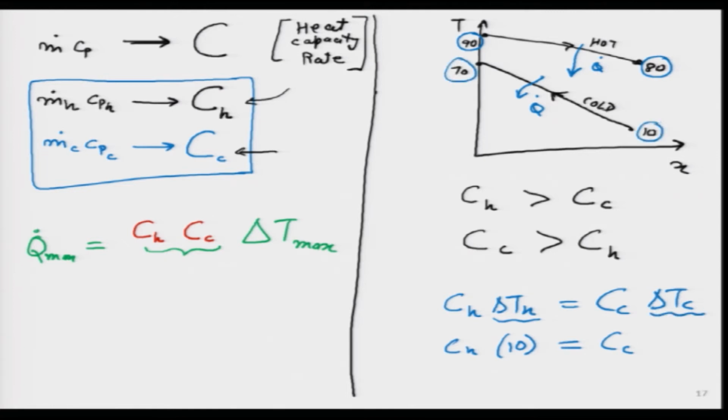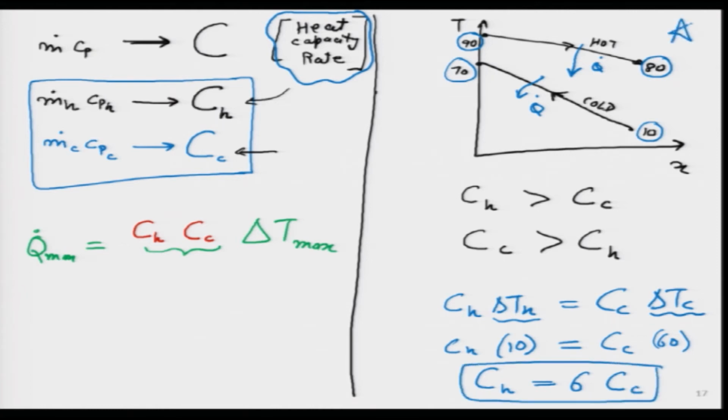How much is it? 70 minus 10, it is 60, which means very easily I have figured out over here that the hot fluid heat capacity rate, so remember this term, the heat capacity rate, is almost 6 times the heat capacity rate for the cold fluid in my example. This is just an example I am taking, but I have clearly shown that CH is 6 times higher than CC, right. Now, I can go back to this green equation over here.